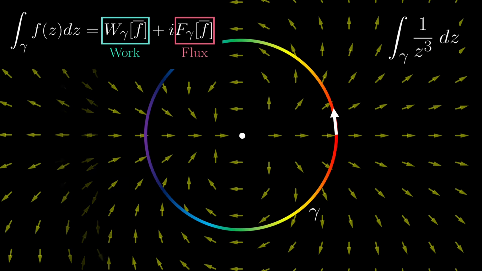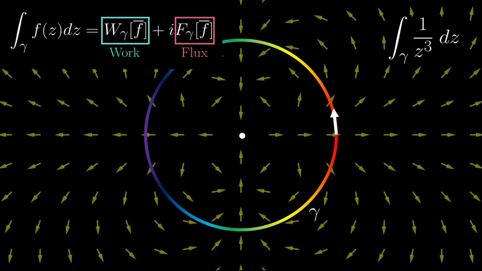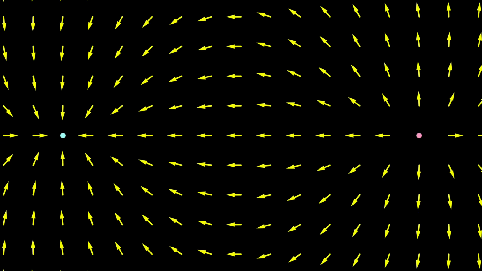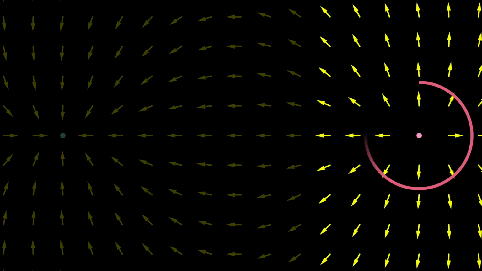But what about 1 over z cubed? Of course, we can consider its Pólya vector field, and by symmetry this would be 0 again, but is there a more general way to do it? Consider instead a field which is a superposition of a source field, which can be thought of as a copy of 1 over z, like what we saw before, just translated.